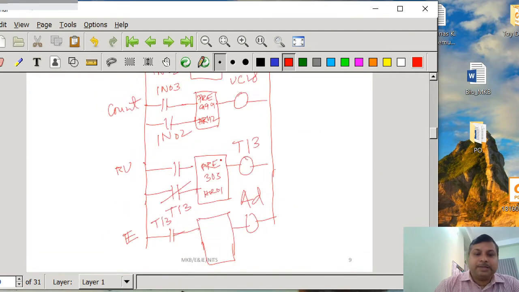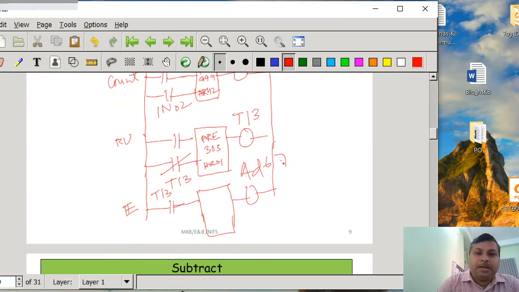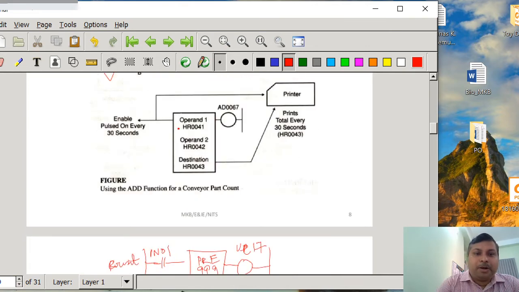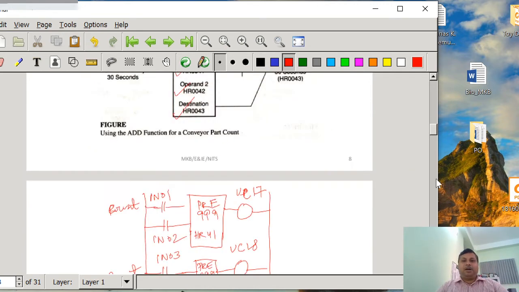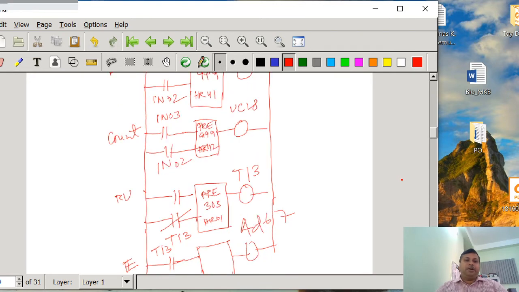Mind that operand 1 will be HR41, operand 2 will be HR42, and the destination will be HR43. So every 30-second interval, whatever the count is, here you can give IN04, which must be closed during the operation of the timer.